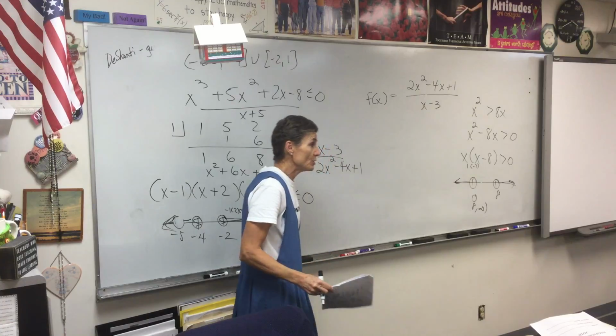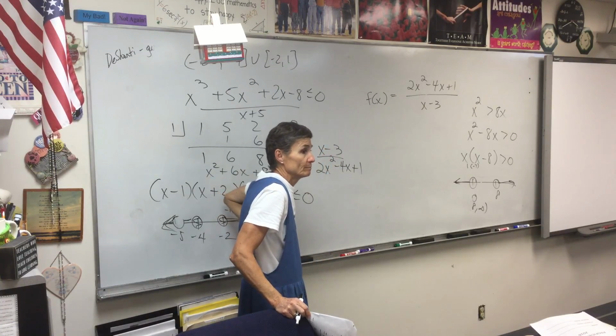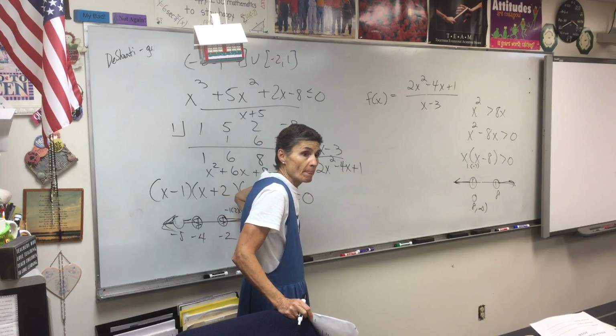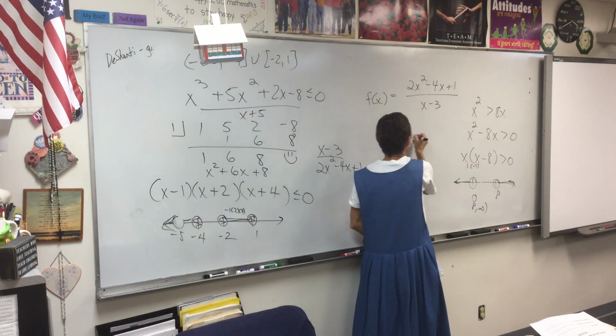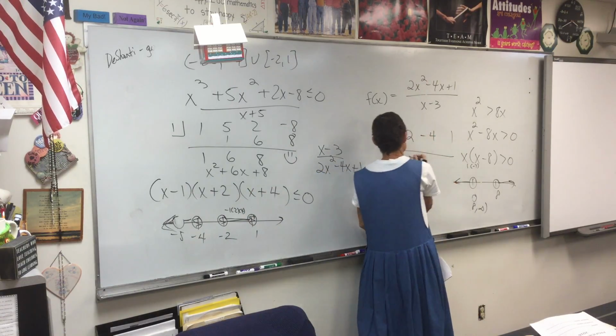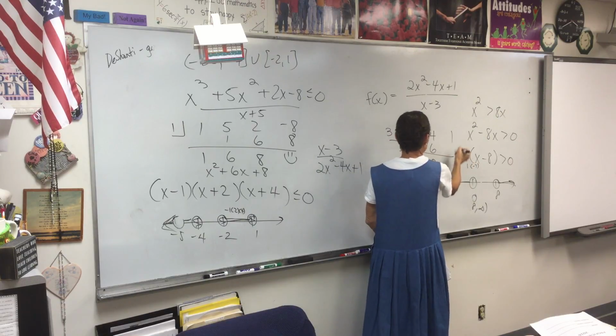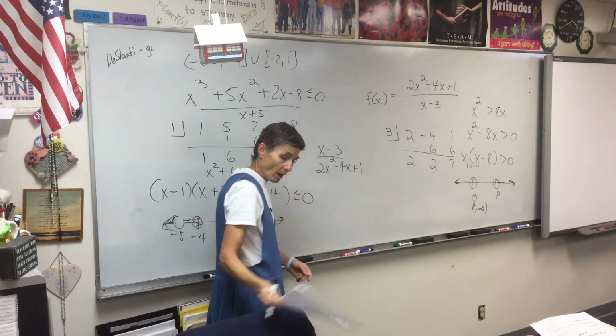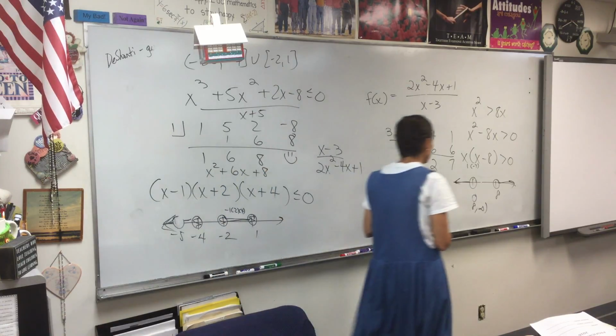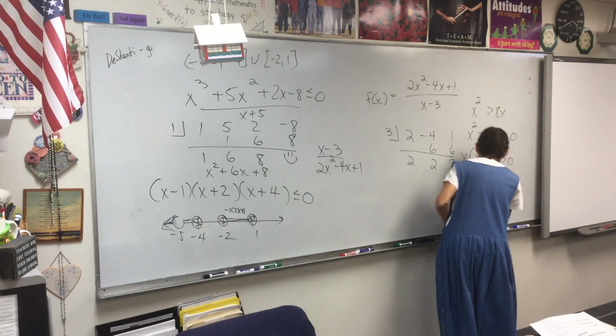So, what do we do when the power on top is bigger? We actually divide it. This is a division problem. We simply do the division. Now, where do I get my asymptote from that?